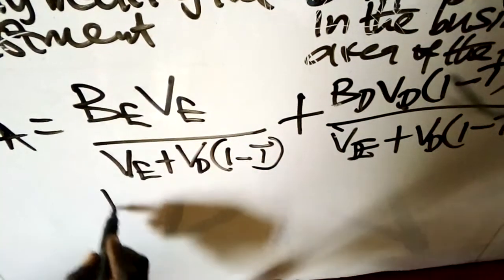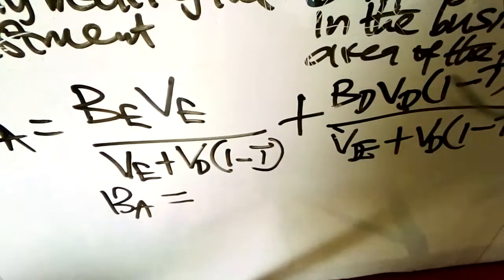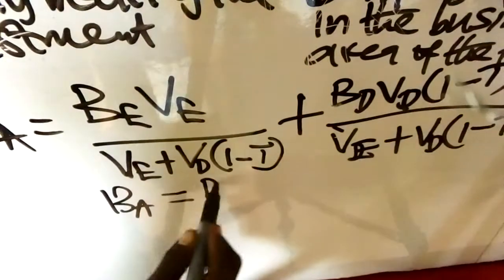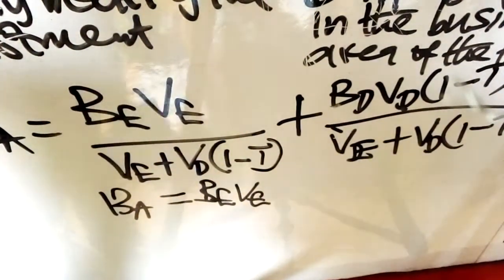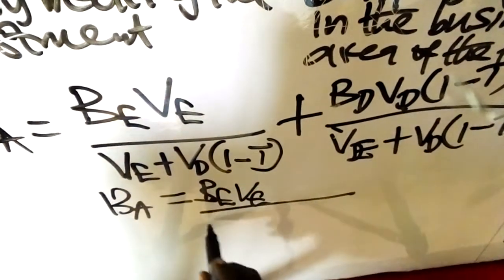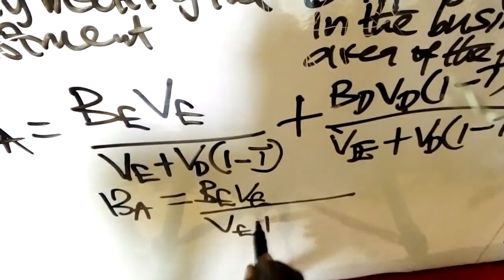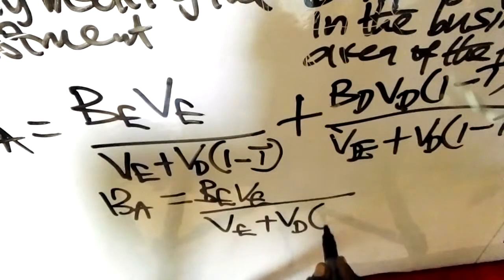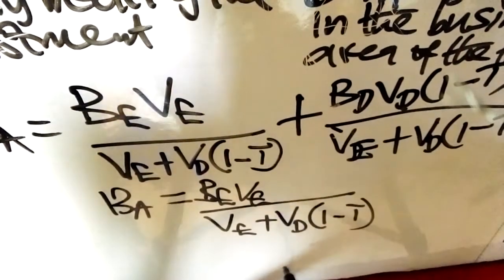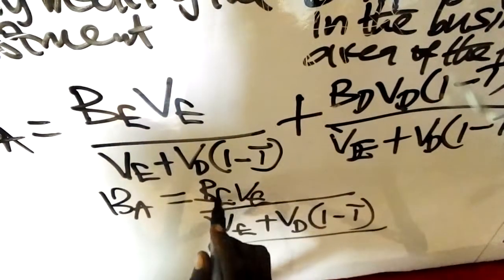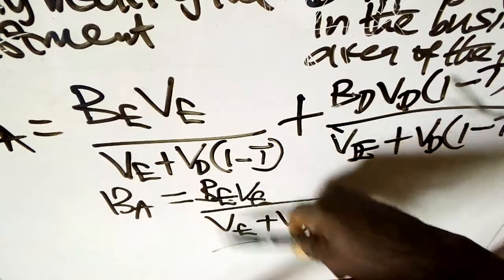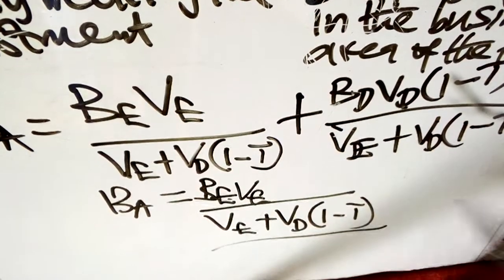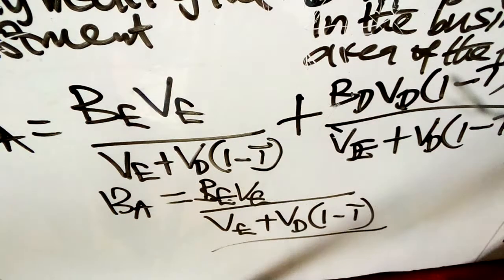So the beta of asset will now be equal to beta of equity times value of equity over value of equity plus value of debt post tax. So if beta of debt equals 0, the formula becomes this. Please take note of that.